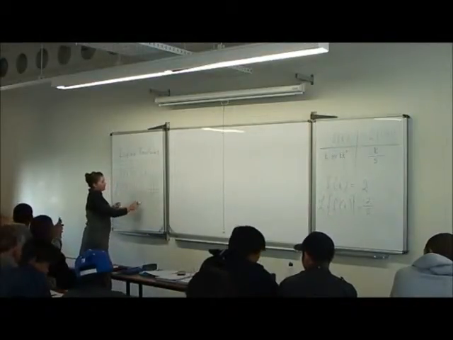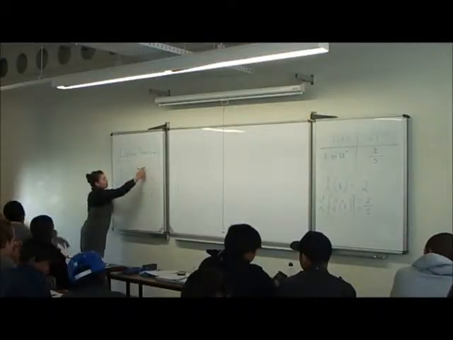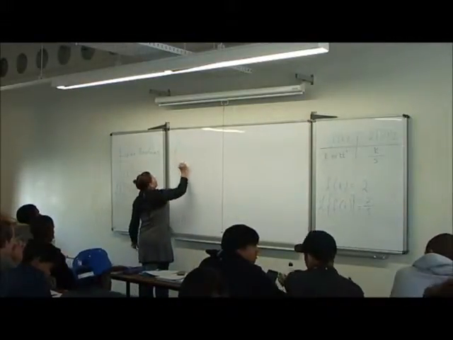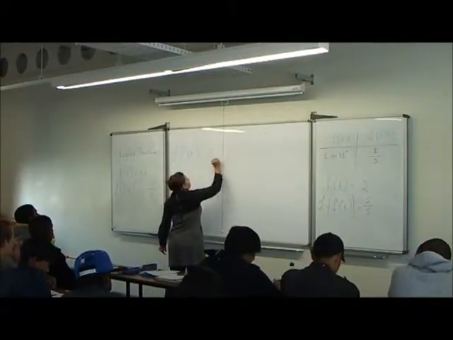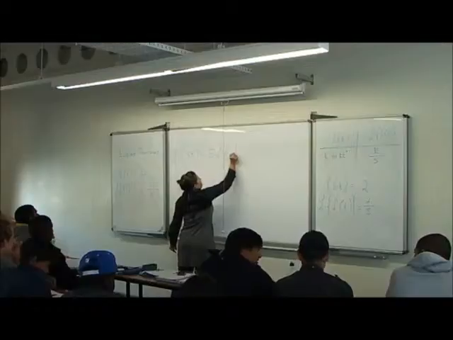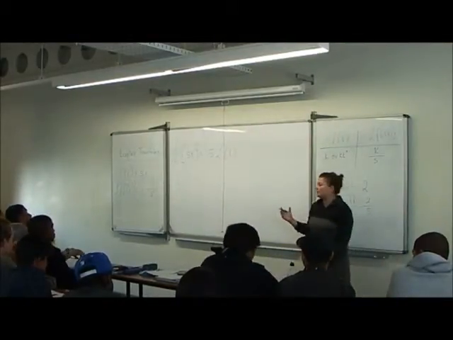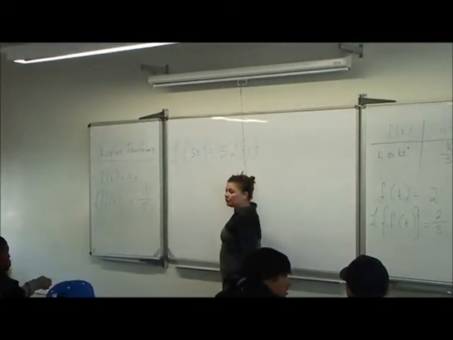No. Okay, so firstly, I want to show you when you do the Laplace transform of 5t. If we have the transform of 5t, that's the same as 5 times the transform of t. The same as with differentiation and the same as with integration, the constant can be taken out of the transform.